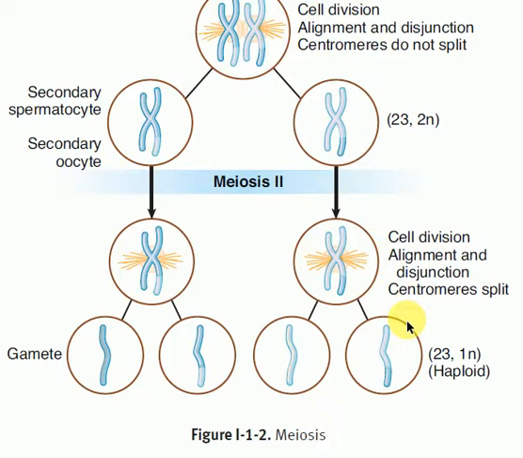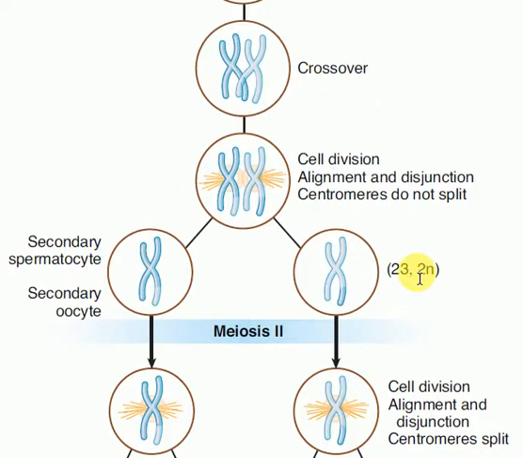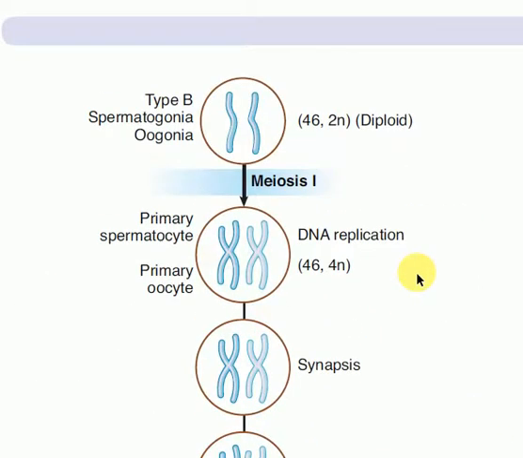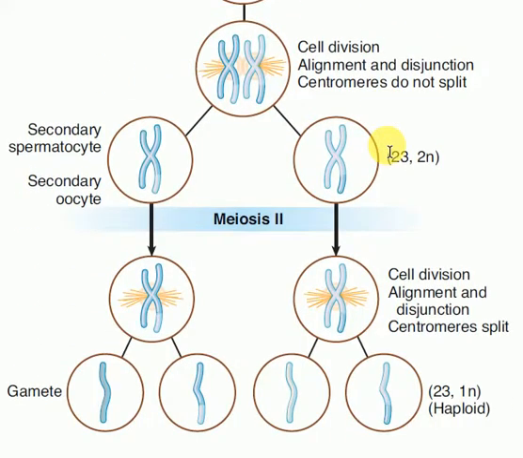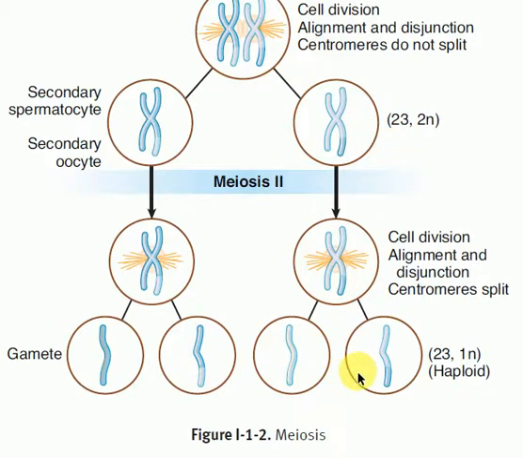So this 1n number is called a haploid number. We've gone from a cell which had 46 chromosomes with a diploid number to 23 chromosomes with a haploid number.